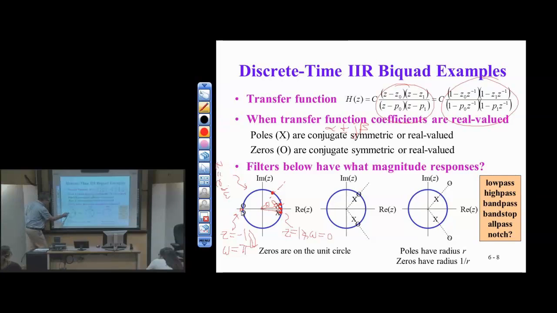Also, if I look at the magnitude response at the same angle as the zero is located at, I have a zero in the magnitude response at that angle. Because the distance between the point on the unit circle and the zero, which is on the unit circle, is zero. They coincide at the same point. And my magnitude response goes to zero whenever I have a zero of the transfer function on the unit circle.